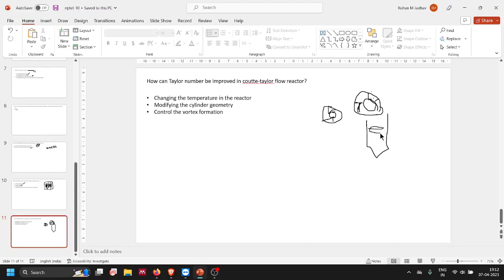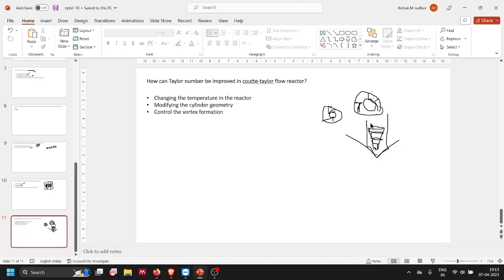Once the vortex formation occurs inside the concentric cylinders, the best way to have a homogeneous vortex formation inside the annulus region is to have a conical structured outer cylinder.